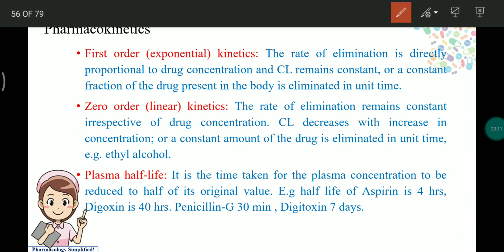In first order kinetics, the rate of elimination is directly proportional to concentration. If the rate of elimination is increased, which is directly proportional to the drug concentration present in the body, the clearance is constant, it will not change.